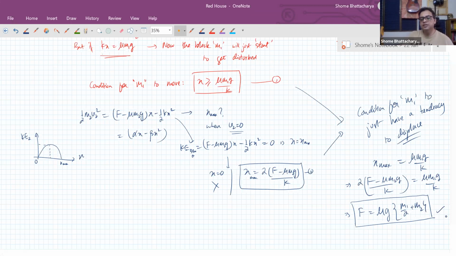Sometimes students tend to make the mistake of taking the maximum extension at the equilibrium point for this block, when acceleration should be zero. That's not the case. The maximum extension is when the block M2 reaches the zero kinetic energy state, not the equilibrium state.